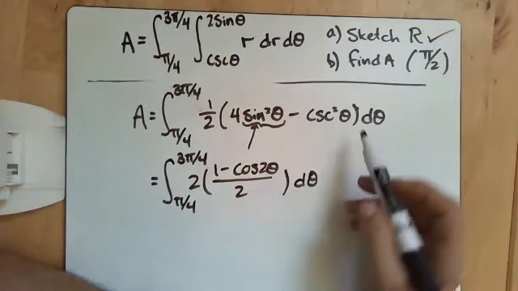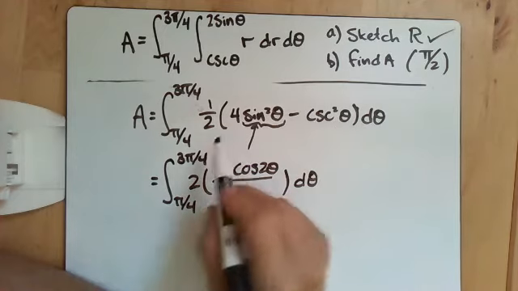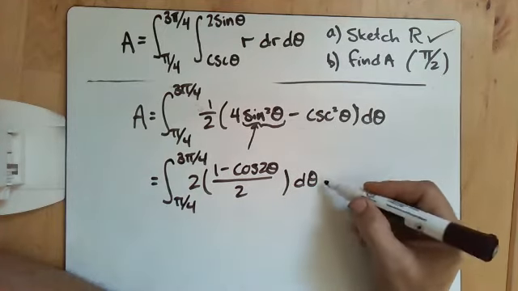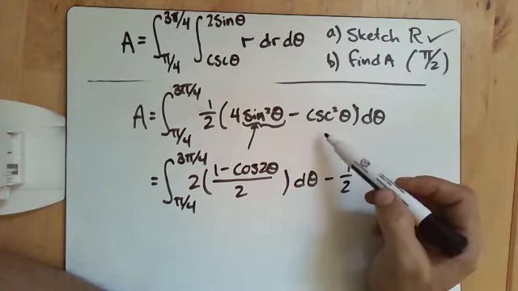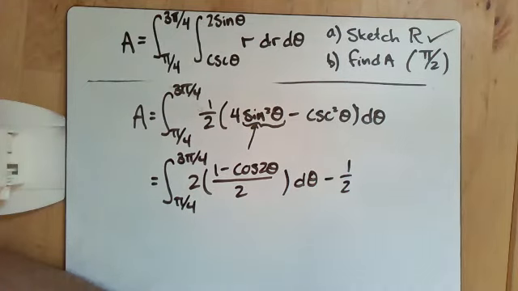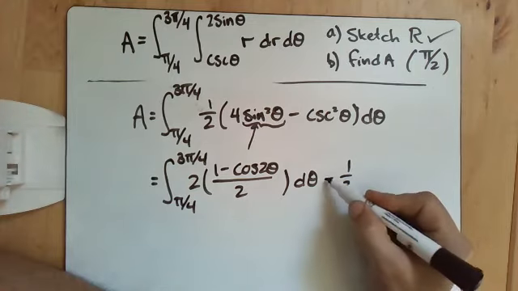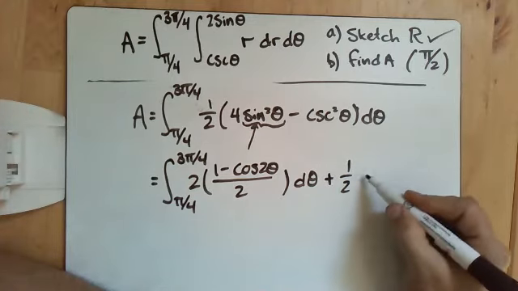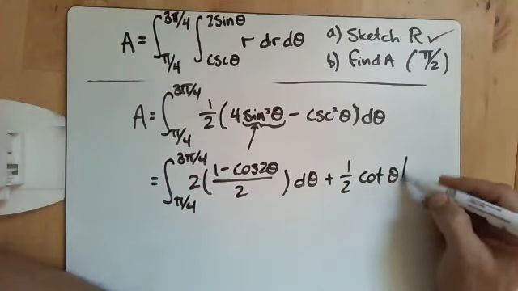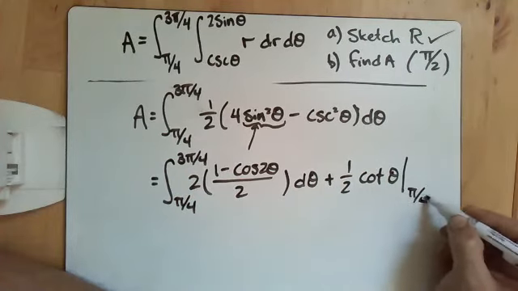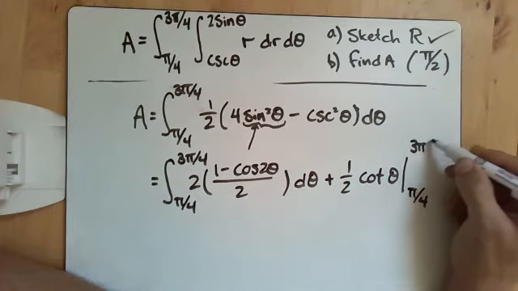And the reason I do that is that I know what the integral of -1/2 cosecant squared theta is. So the integral of cosecant squared theta is negative cotangent of theta. So I get plus 1/2 cotangent of theta evaluated from pi over 4 to 3 pi over 4.